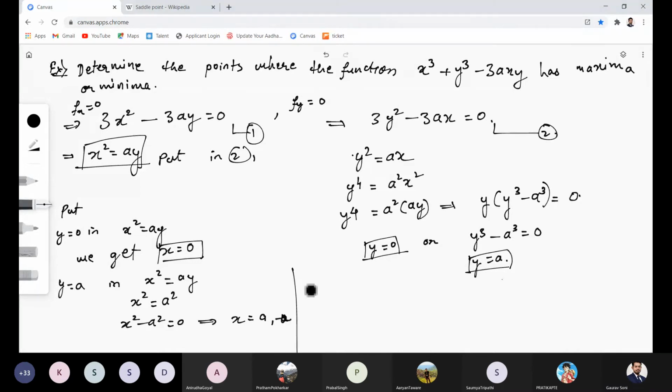Alright. So what are the points that you have got? 0, 0, a, a, and minus a, a. I want you to do all the classification of this. Talk about 0, 0, a, a, and minus a, a.